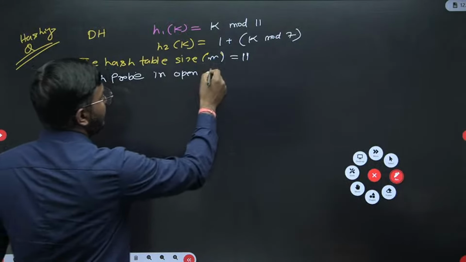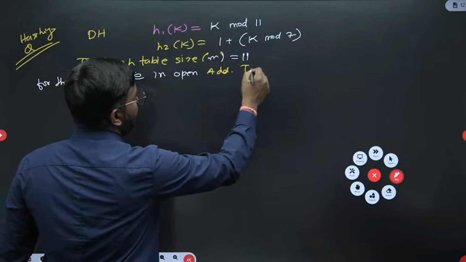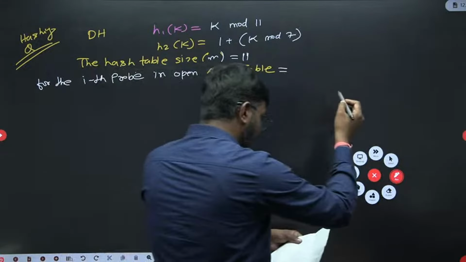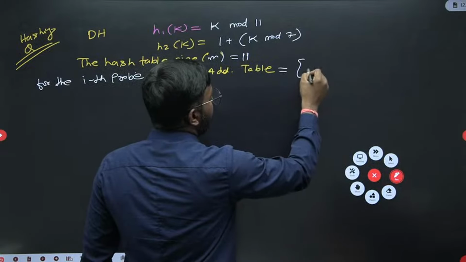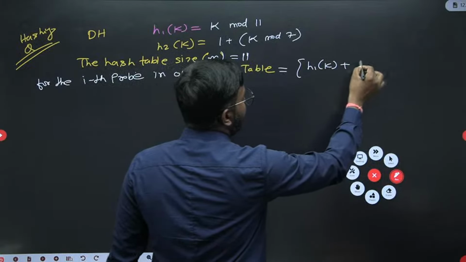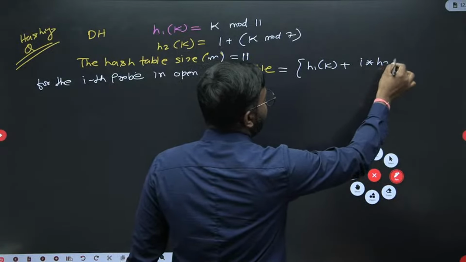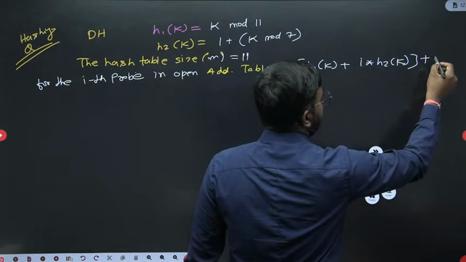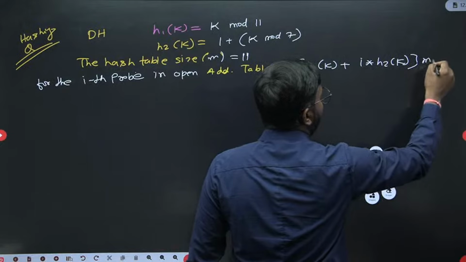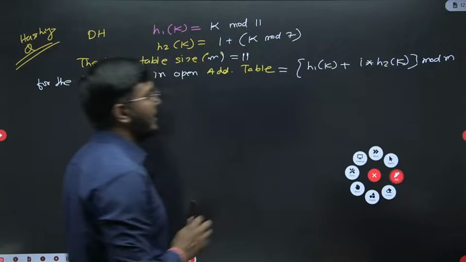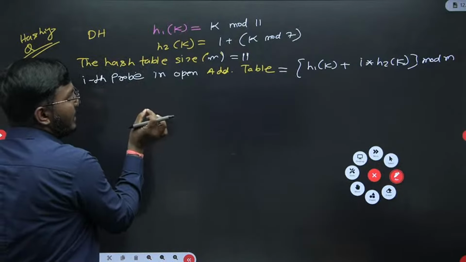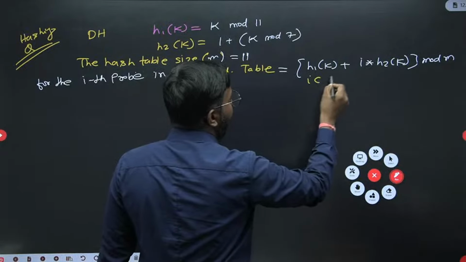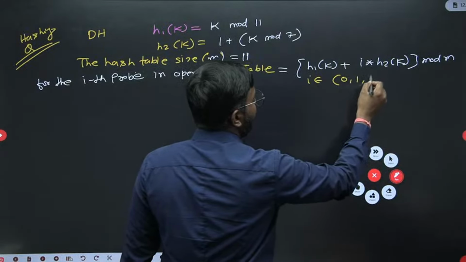The hash function is given as h1 of k plus i times h2 of k, then mod of m. Here the i value is not given, so if you are probing, you can just take i belonging to 0, 1, 2 like this.